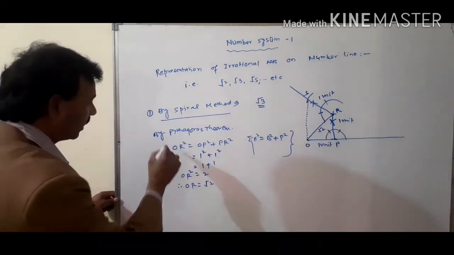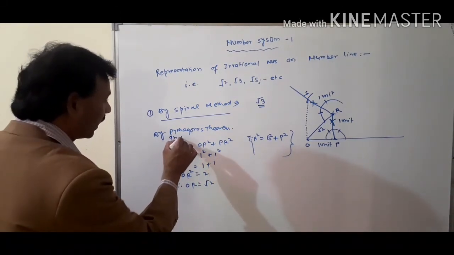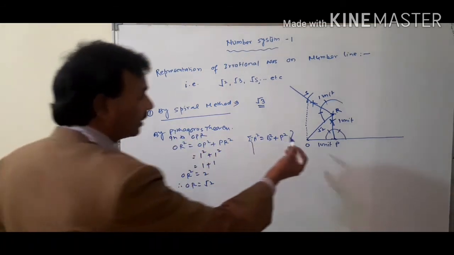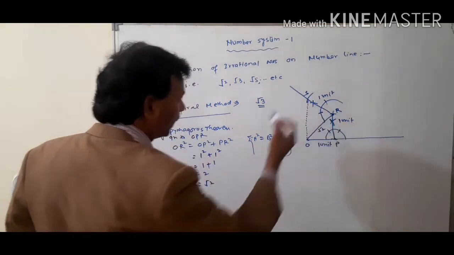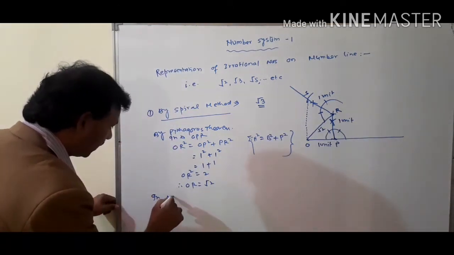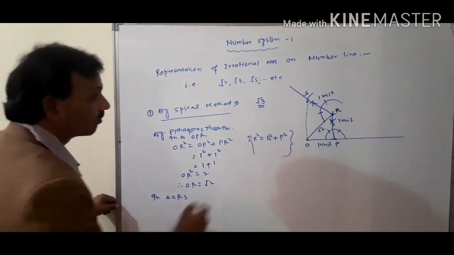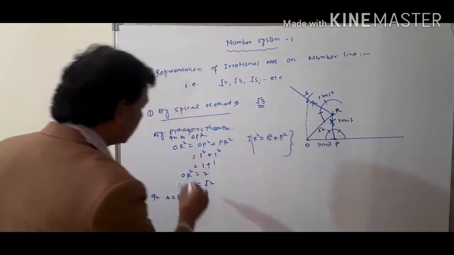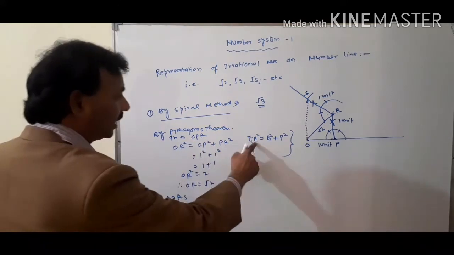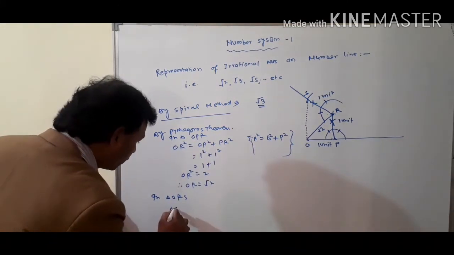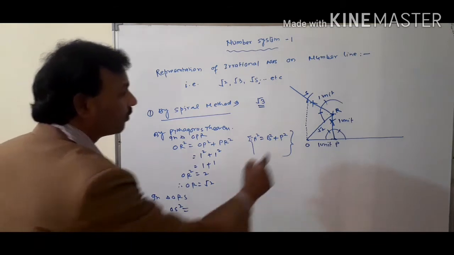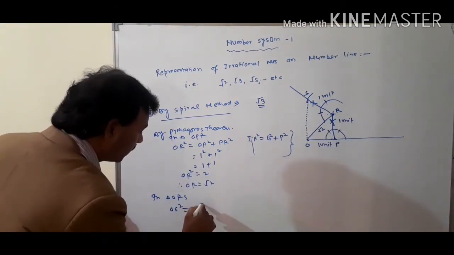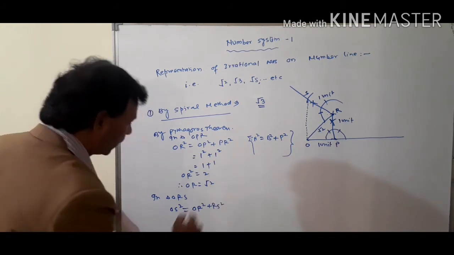Now we take triangle ORS. In triangle ORS, this is the right angle, so OS will be the hypotenuse. By the concept of Pythagoras, OS square equals OR square plus RS square.